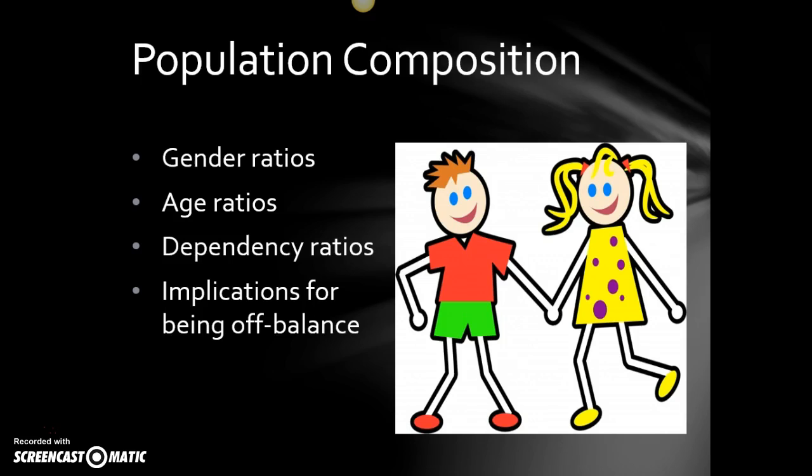The most important things that geographers tend to talk about, though, are gender ratios, age ratios, and along with age ratios is this idea of a dependency ratio. Okay, and the dependency ratio, basically what you're doing is taking all of the people who are too old to work and all of the people who are too young to work, and we're comparing it to the number of people who are actually of working age.